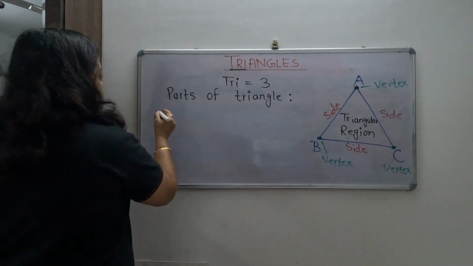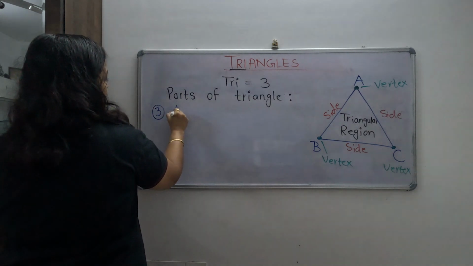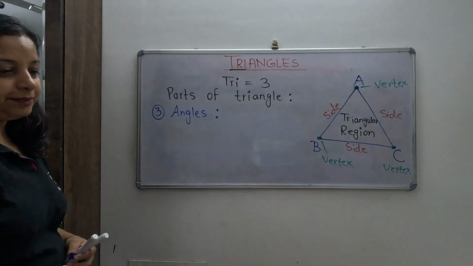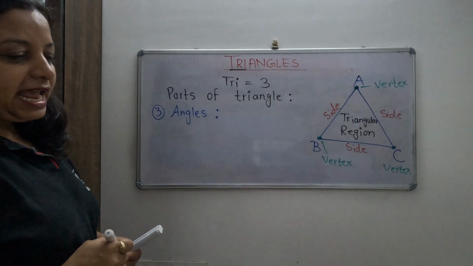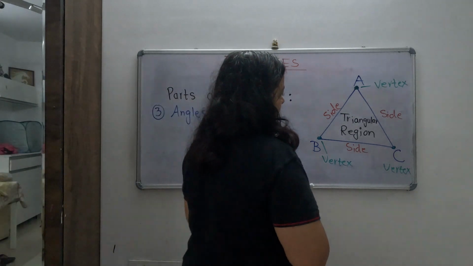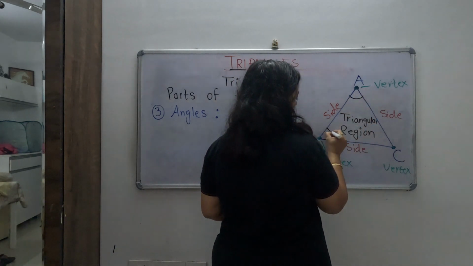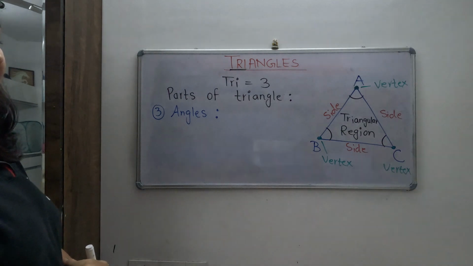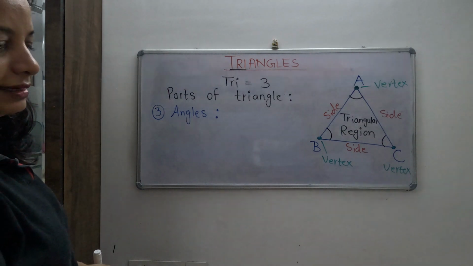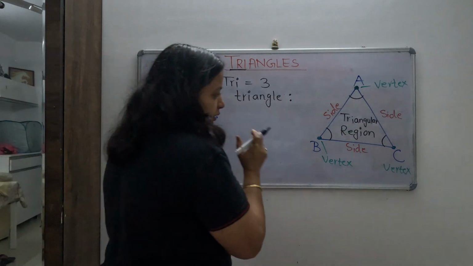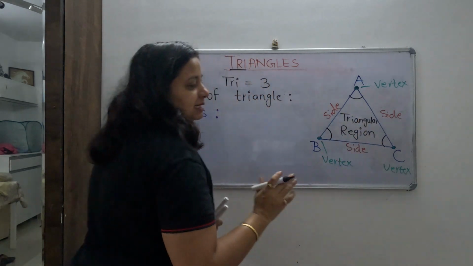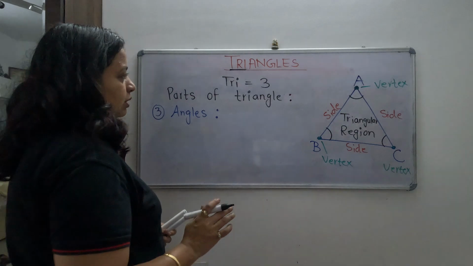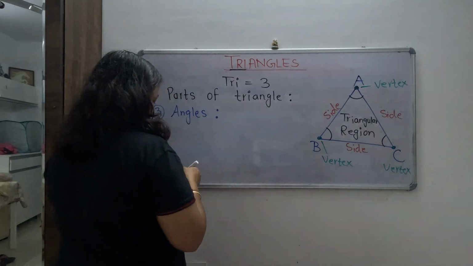Now the third part of the triangle is angles. The angle between any two sides of a triangle is called an angle of the triangle. So we have a total of 3 angles in this triangle. Every triangle has 3 angles. So how will you write angle A?